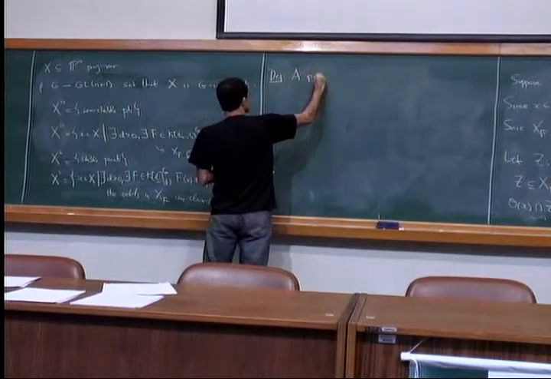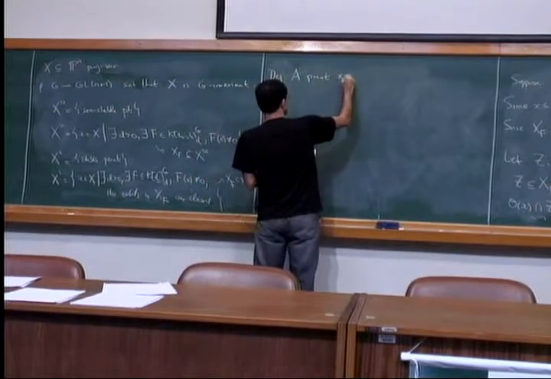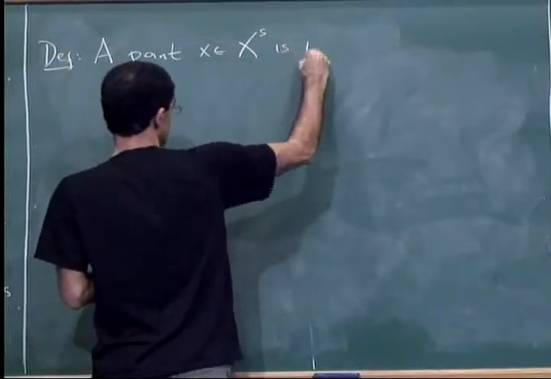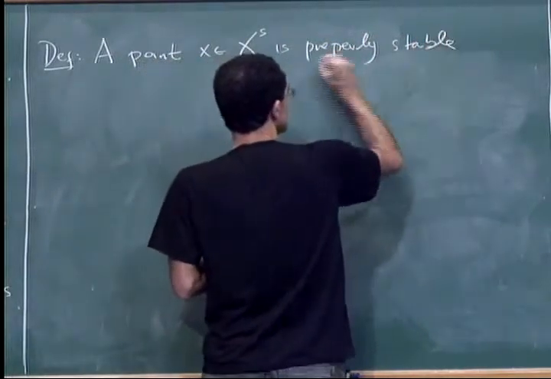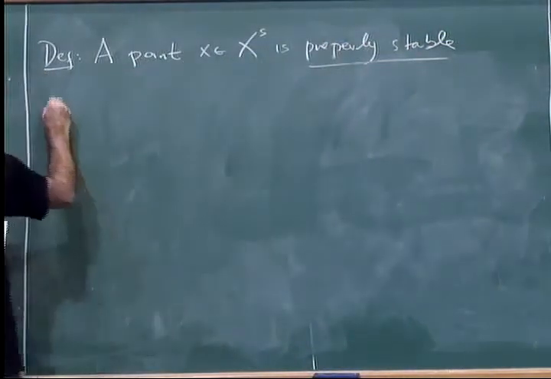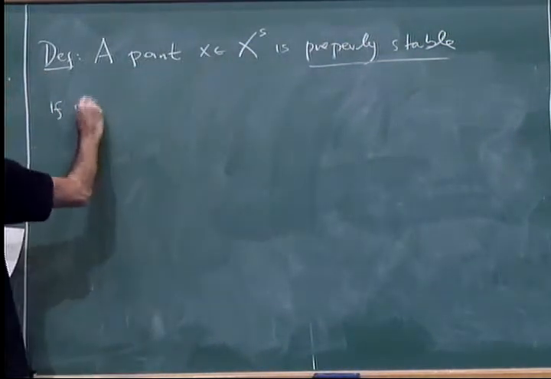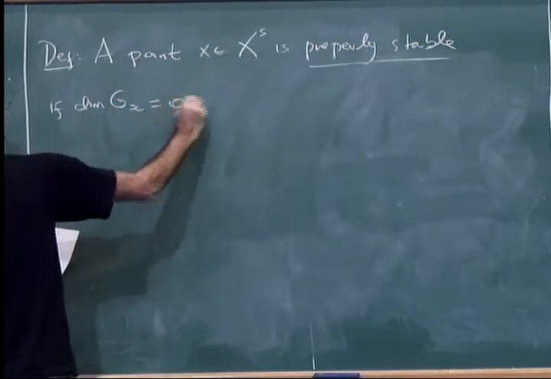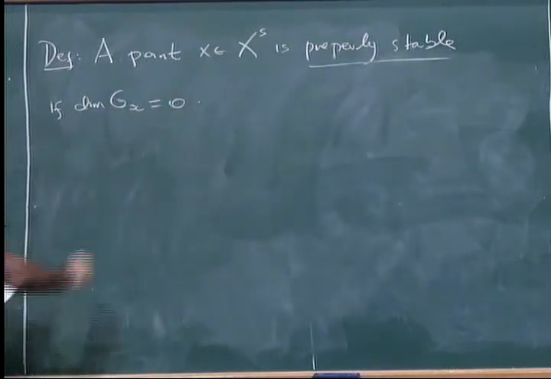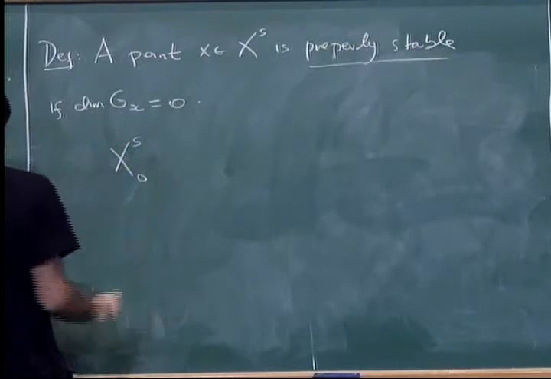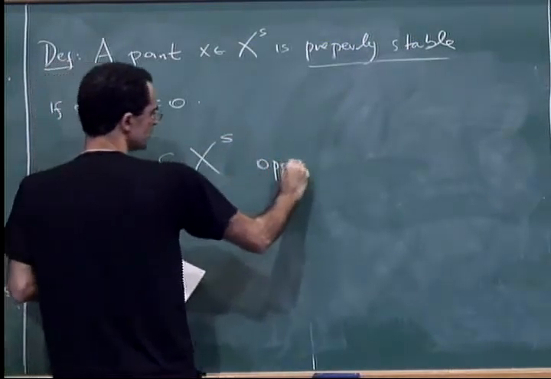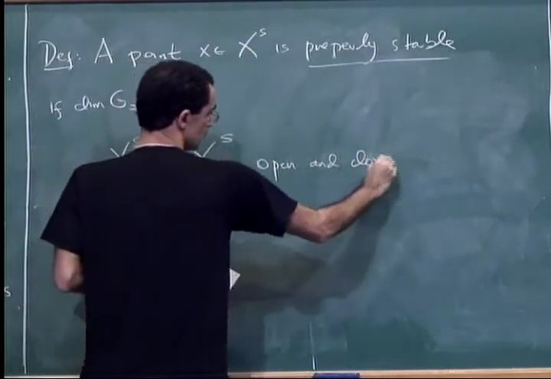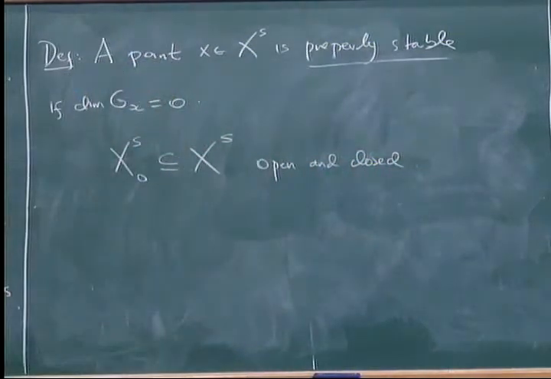A point x in the stable locus is properly stable if the dimension of the stabilizer is 0. Okay? So you have S0, which is inside here, and as we mentioned, it's both open and closed. So these are the points that are easier to deal with.